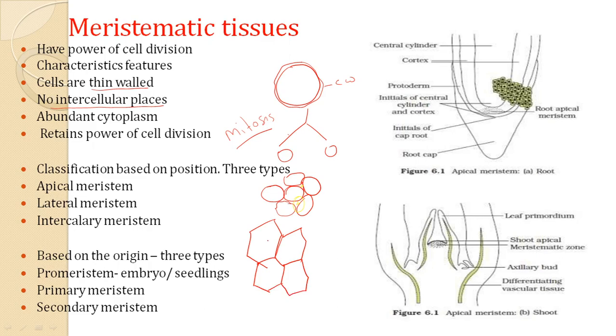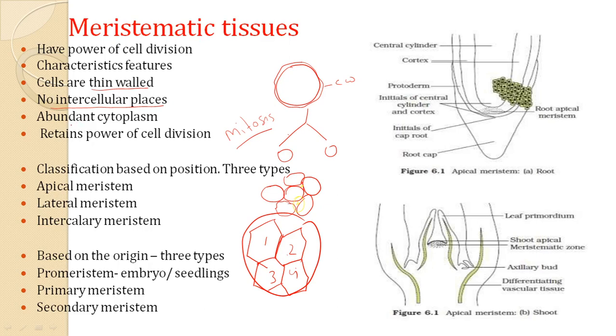So what we found is cell 1, cell 2, cell 3, cell 4. All these four cells are together, and in between them there is no intercellular space. That is, there is no space from one cell to another cell. So this type of presentation is always seen in the meristematic tissue. In meristematic tissue, there is no intercellular space.